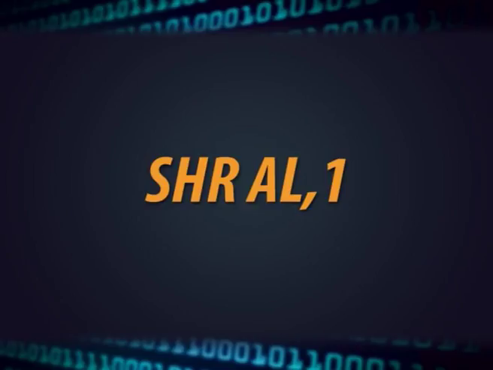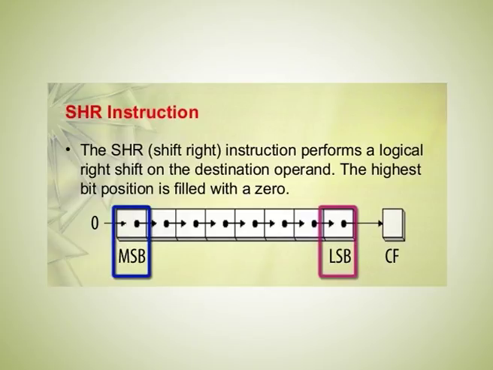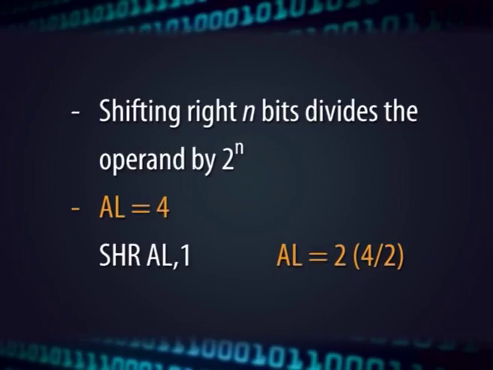The instruction SHR AL, 1 shifts the contents of register AL by 1 bit to the right. The most significant bit is filled with 0 and the least significant bit is copied to the carry flag. The shift right can be used for efficiently dividing a number by a power of 2.